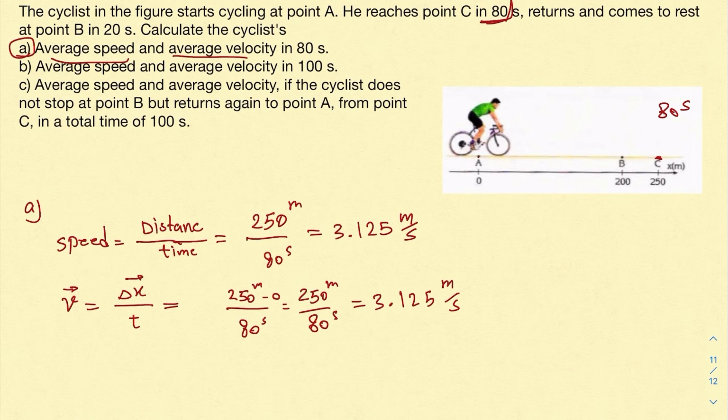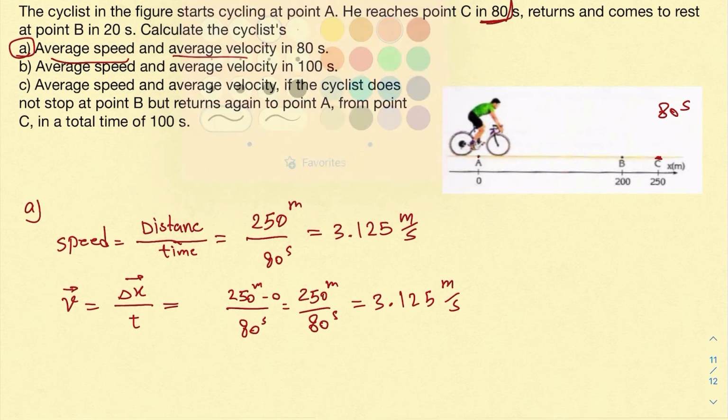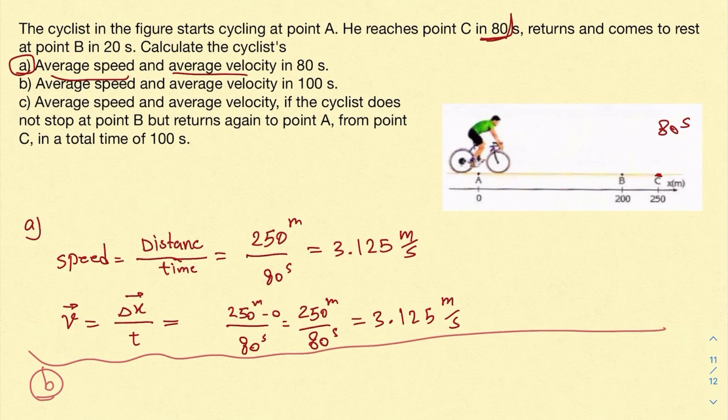Okay, let's move on to the next part, which is part B. I will write part B here. Average speed and average velocity in 100 seconds. Let's find out at 100 seconds where the object is. It says that it returns and comes to rest at point B in 20 seconds.